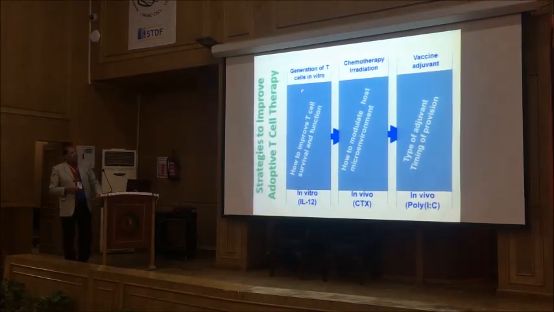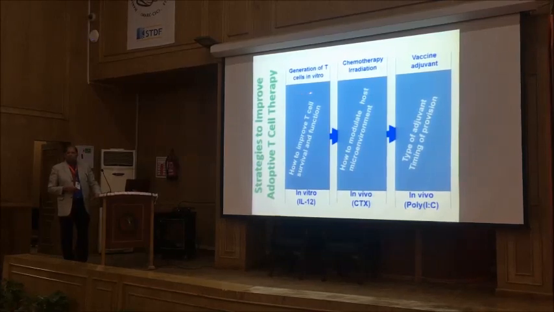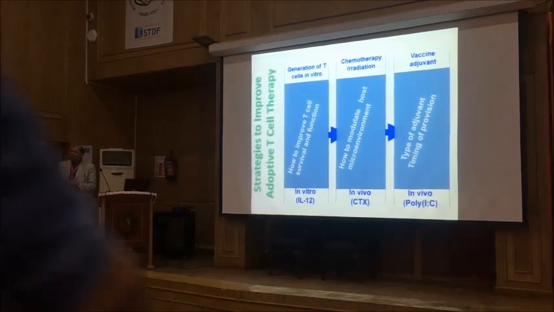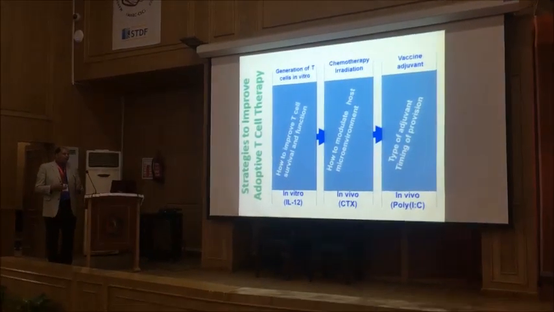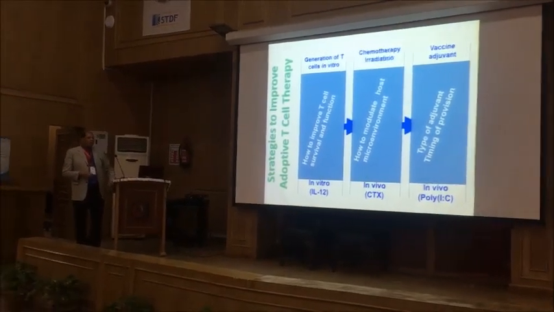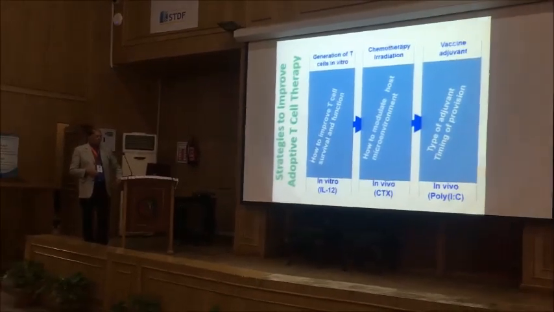The first concept is the generation of T cells in vitro and modifying them in a different way to make them more active and more capable of killing a tumor.